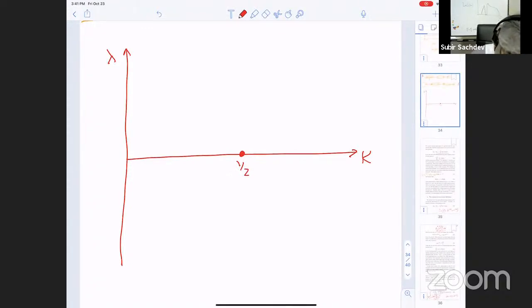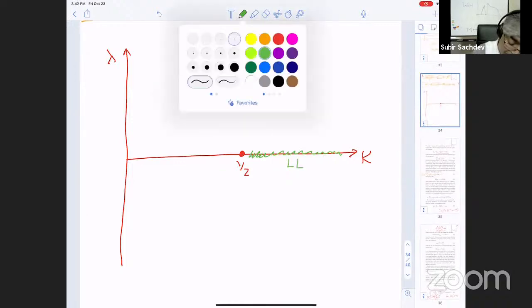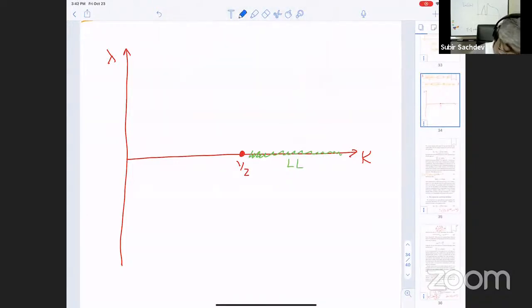Then here, in blue or in green, let's say, you have a phase which is the Luttinger liquid. And what we've learned is that the flow of the coupling here is vertically downwards. It just flows down to 0 in either direction.